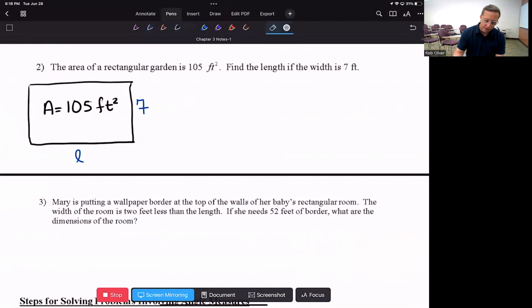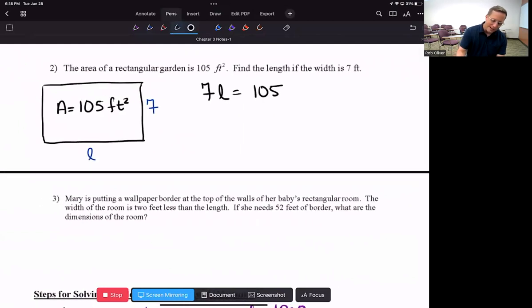So that's how I'm going to set it up: 7 times L equals area, 105. And then just divide by 7. Those go away. And 105 divided by 7 is 15. And that's going to be 15 feet.